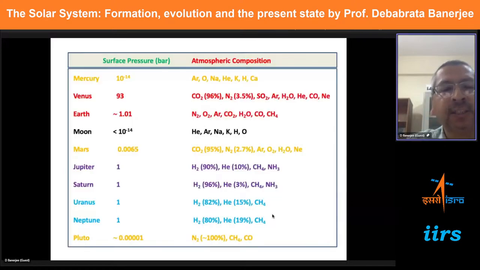The surface pressures are listed here, so one can have a rough idea. All of you know that PV equals NkT, right? So from that, if you use the pressure and the Boltzmann constant, then one can calculate the number of molecules per cc.